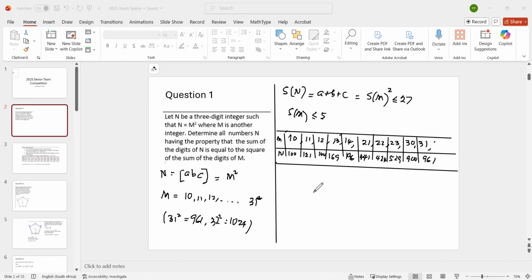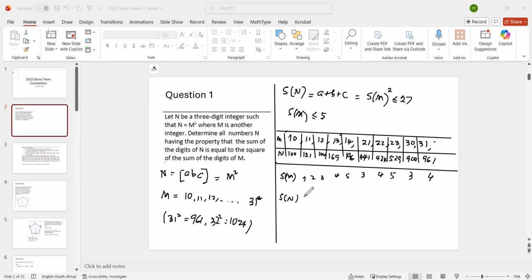Now, it's given that S of n is equal to S of m squared. So what is S of m? The sums of the digits of m are 1, 2, 3, 4, 5, 3, 4, 5, 3, 4. I'm looking at the sum of the digits of m, and I want to look at the sum of the digits of n.